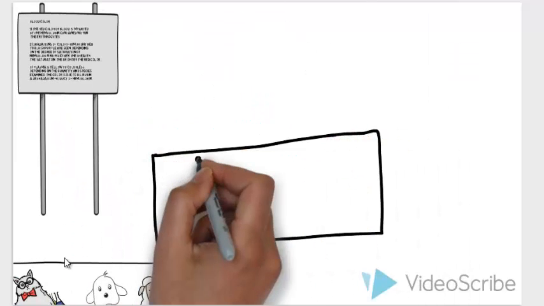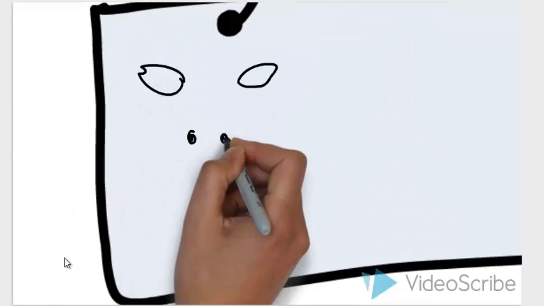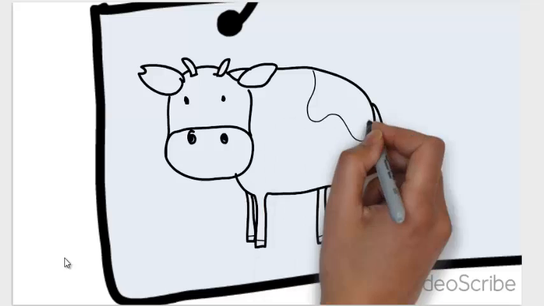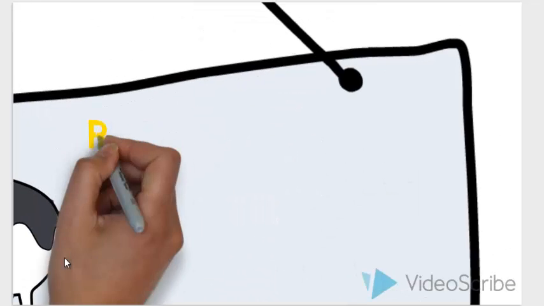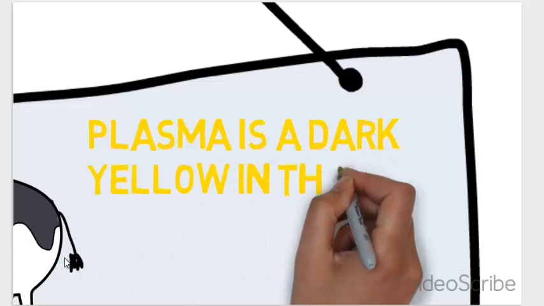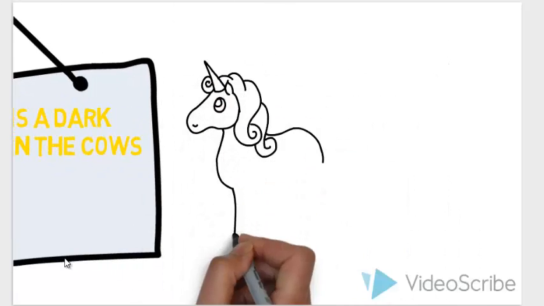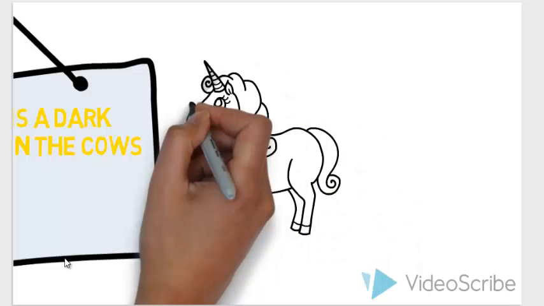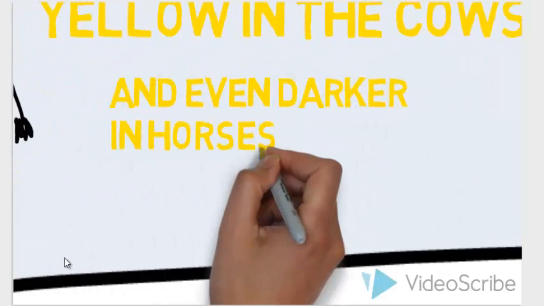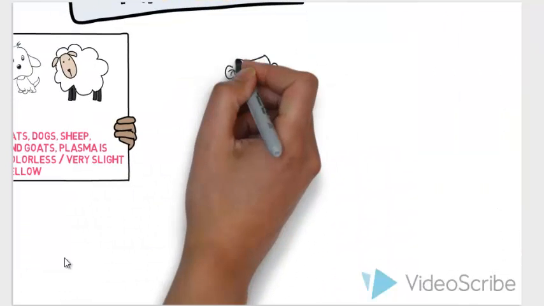While in case of cows, the cattle, it is generally dark yellow in color. The plasma is dark yellow in the cows. Further, in horses, it is even darker than cows because of relatively high bilirubin content in the plasma of horses.